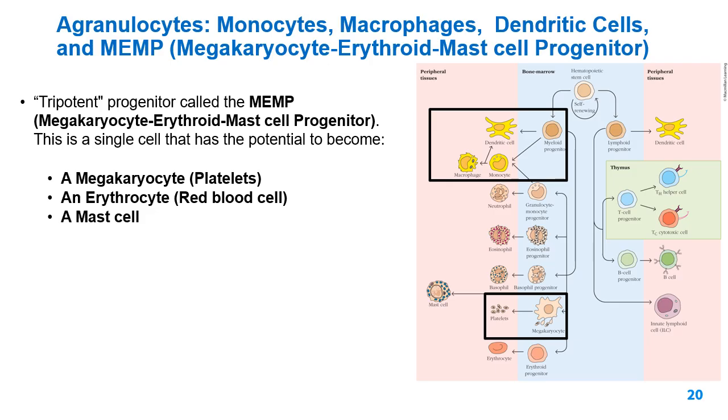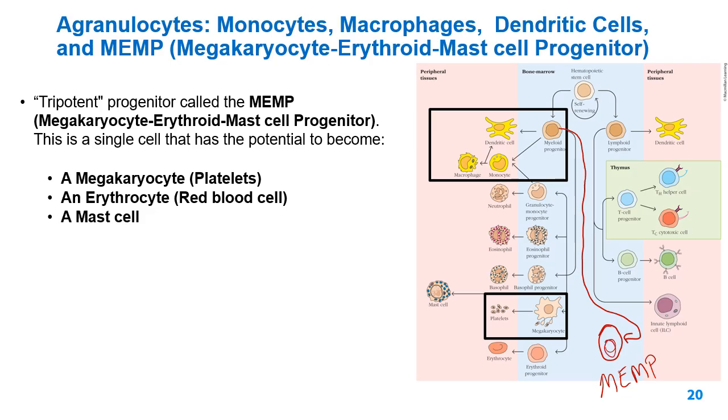This diagram is not very clear, so let's put a progenitor right here. Oh, I know what is missing. Wait. This guy here, myeloid progenitor. Okay, let's take a little detour right here. This myeloid progenitor becomes this MEMP, okay, this cell here.